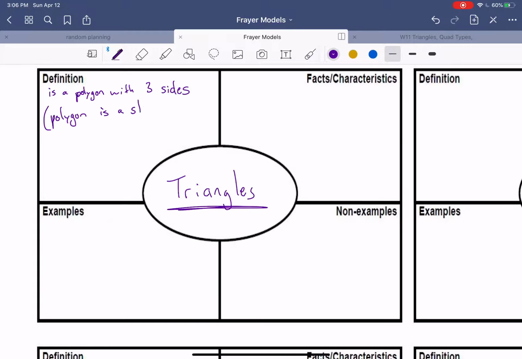A polygon is a straight-sided connected shape.